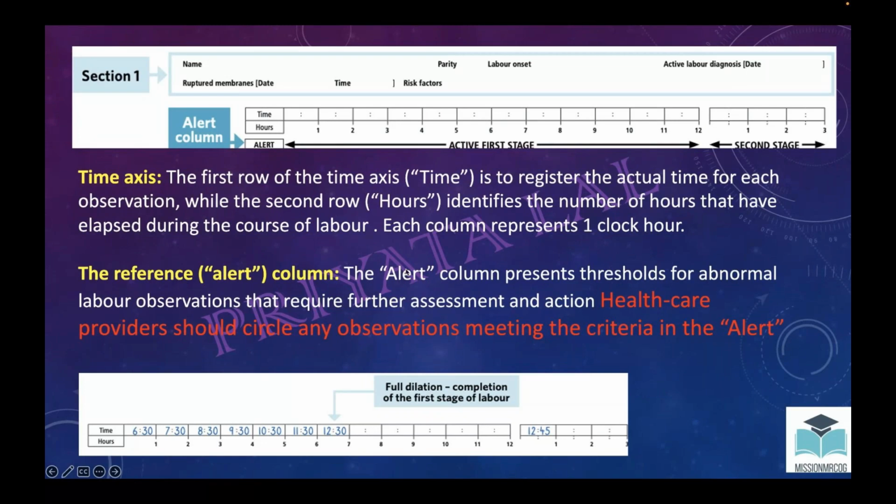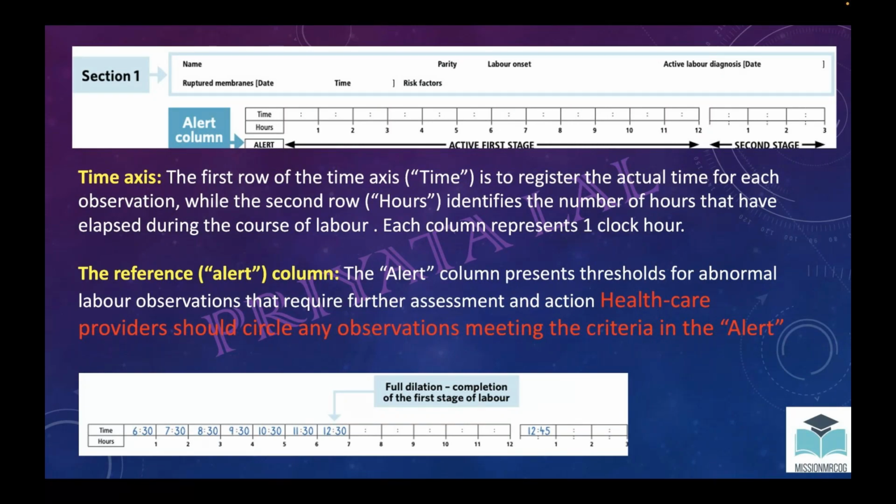Apart from this, here is the alert column. If any abnormal observation is there, then the healthcare professional, any person who is monitoring the laboring woman, would fill it. If the doctor is monitoring, they will fill. If the midwife is doing it, she will fill. If the nurse is doing it, she will fill.